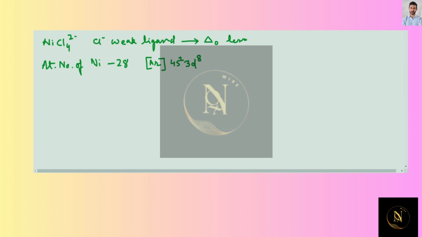And when nickel is in the +2 state, its configuration is 4s0 3d8.